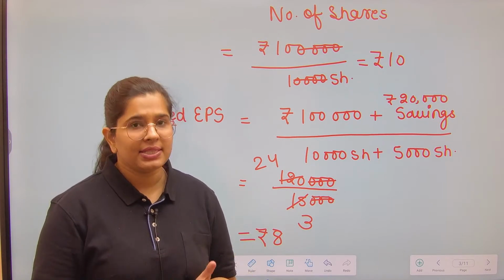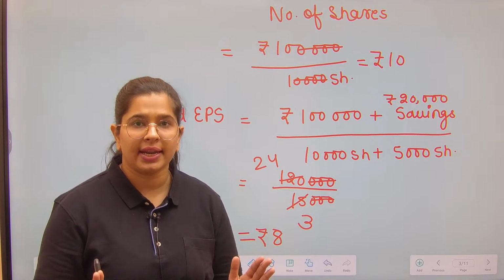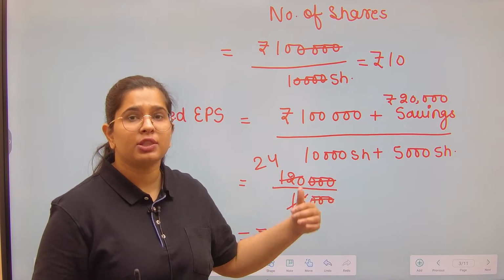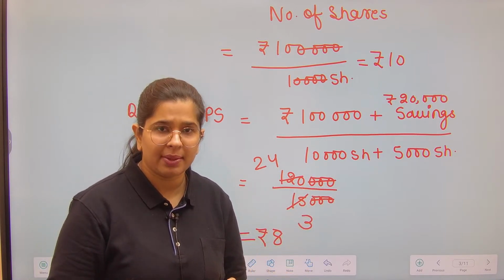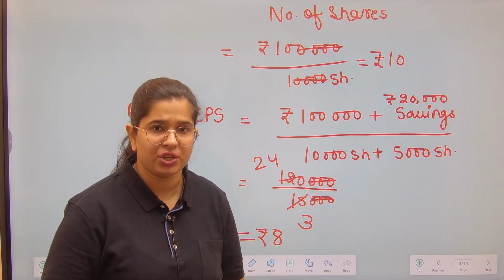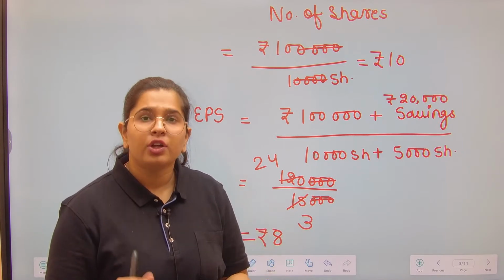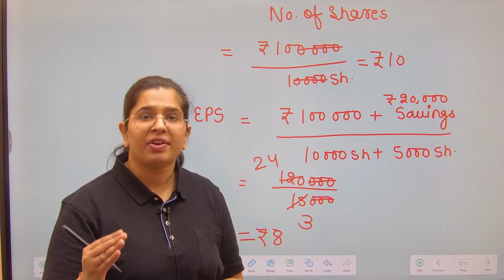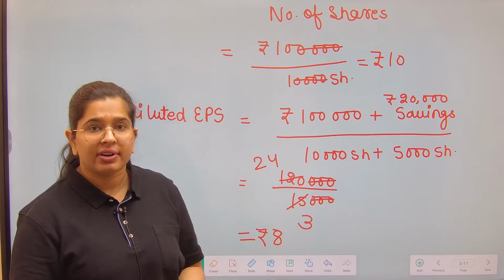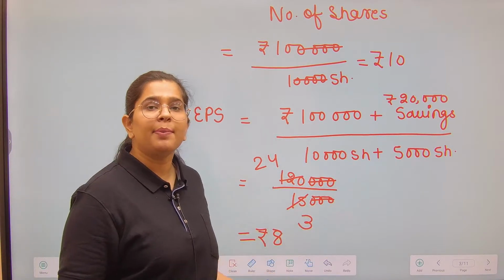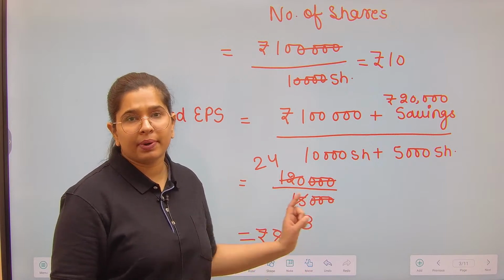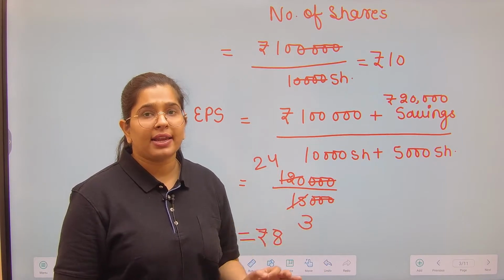Basic EPS means what is going on currently, and diluted EPS means you might have some convertible debentures or convertible preference shares with you. If those get converted, what will be the impact on your earning per share? This is called diluted EPS.